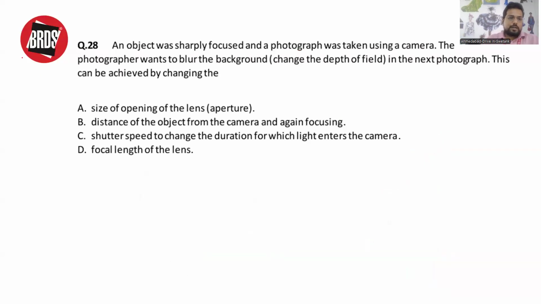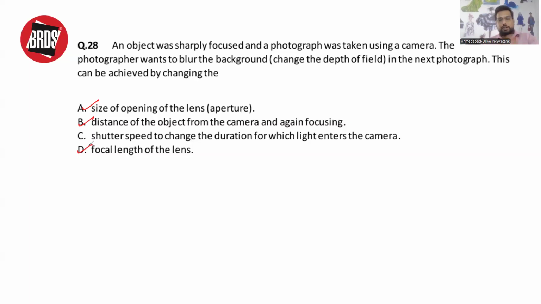I remember that in the sessions I told you to please read about the camera, how focal length, shutter speed, FPS, all these things work. It is completely based on that. The correct answer for this one is A, B, and D. By this you can achieve that focus portion, and if you want to blur the background, you need to change the focal length.